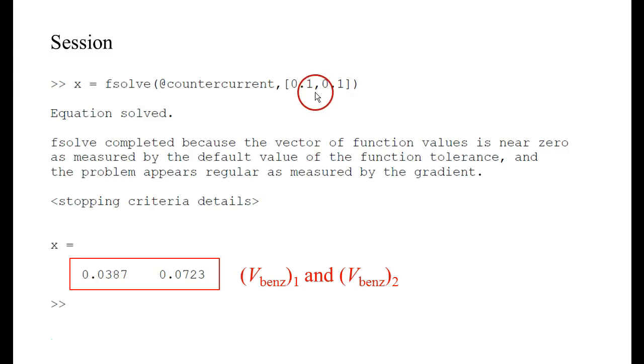I just made a really crude initial guess, saying that both those mole numbers were equal to the moles of benzene that came in, so that my initial guess is just a state where I had absorbed nothing, but that's good enough. So I just type this command, hit enter, and the equations are solved, and out pop these numbers. And so this is where I got the mole numbers of benzene. So that's how you use MATLAB to solve this problem.